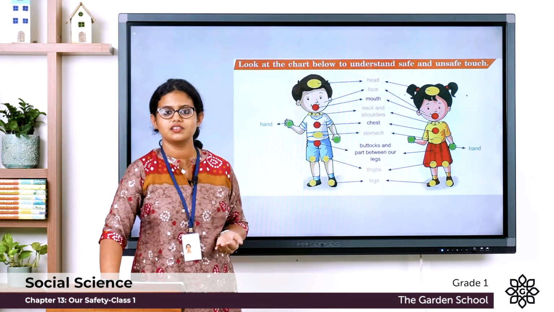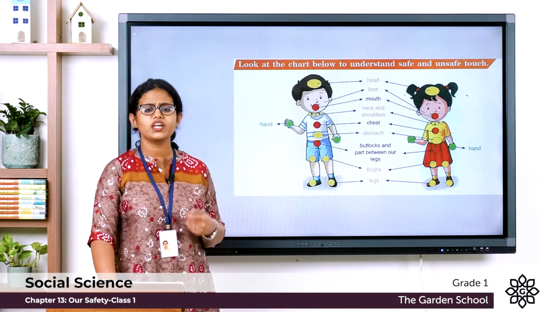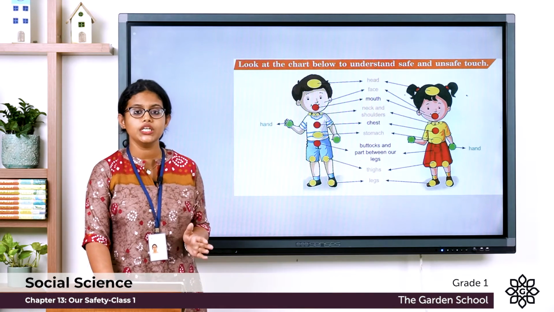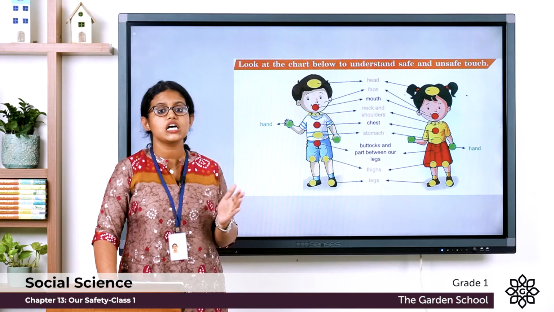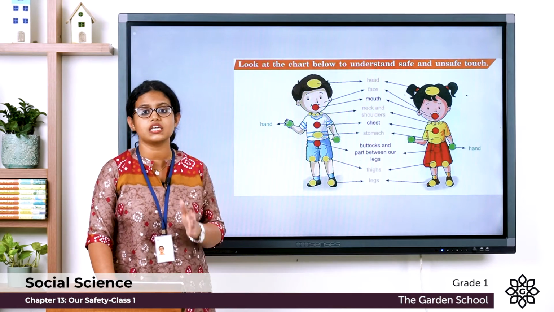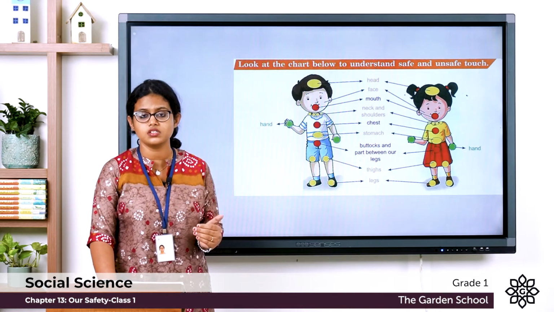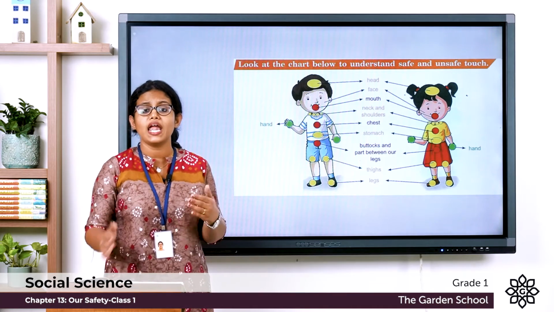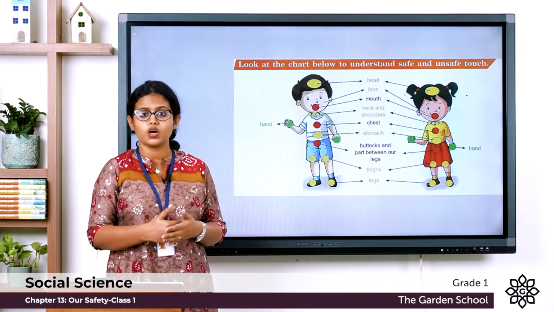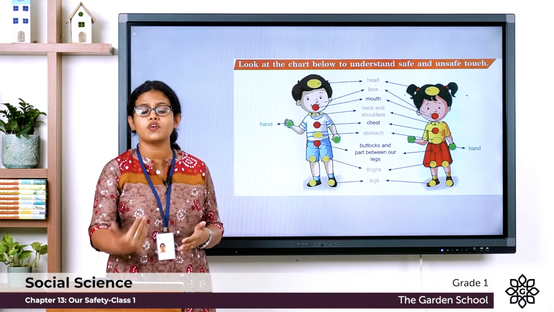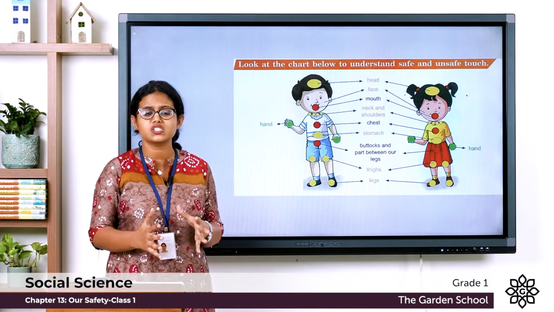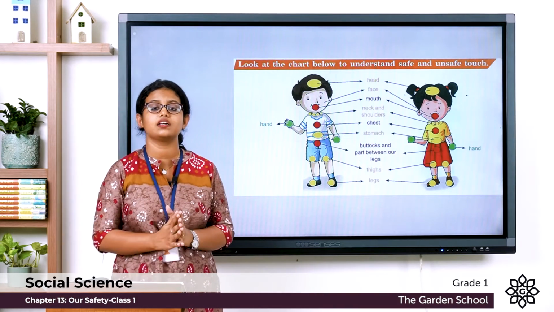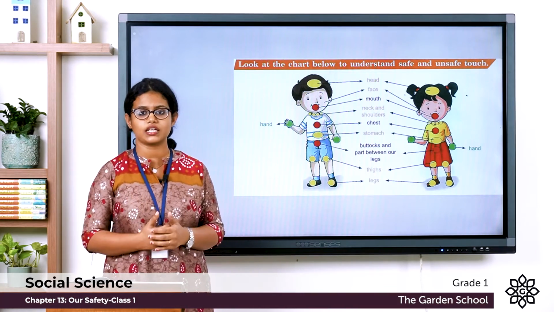When a person touches your hand or gives you a handshake, that is safe. When a person touches any private part or personal space of your body, that is unsafe touch. The touch that makes you feel insecure, confused or scared is unsafe touch.